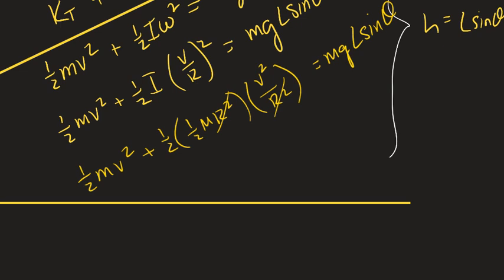So I have 1/2 mv squared plus 1/4 mv squared. That's going to be 3/4 mv squared. And that's still going to equal mgL sine theta. And just like first semester, it's very frequent, the mass will also cancel out.